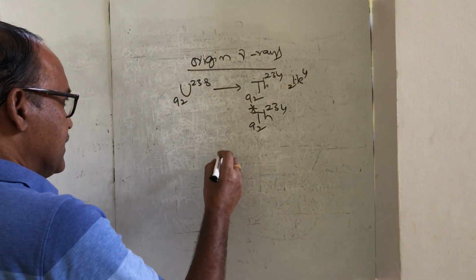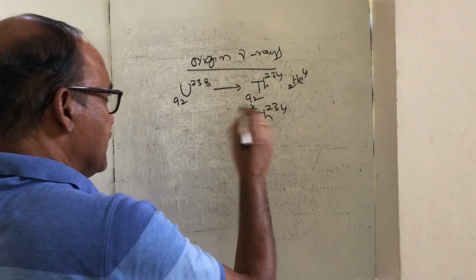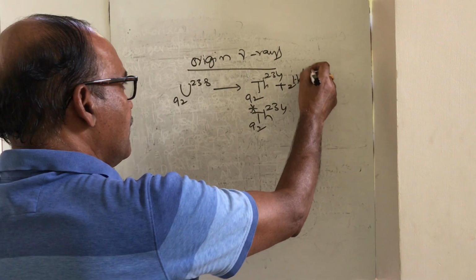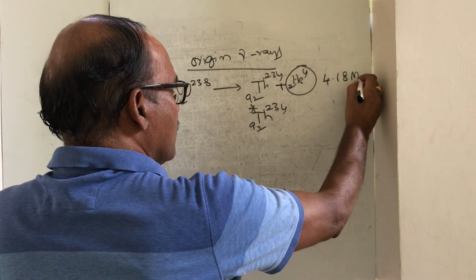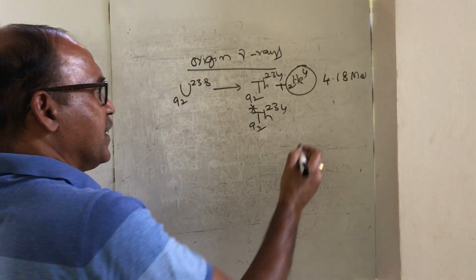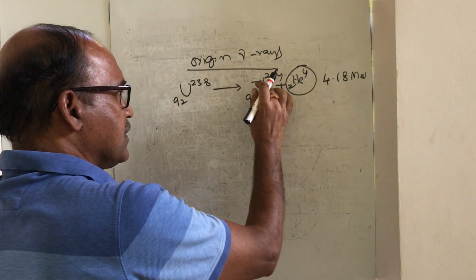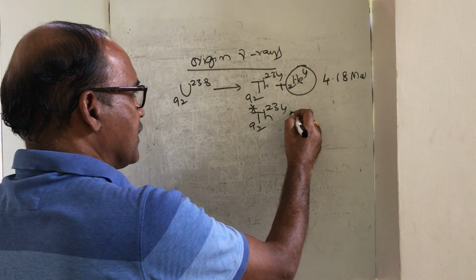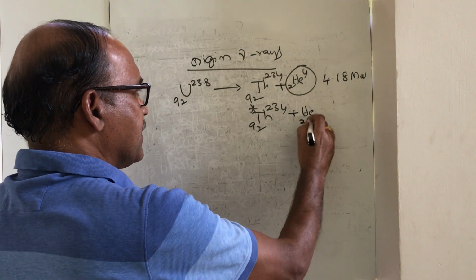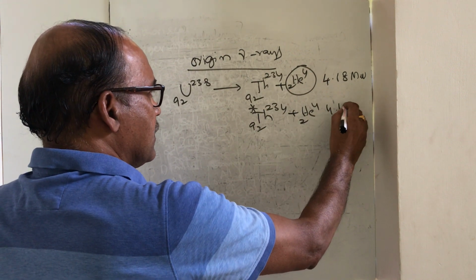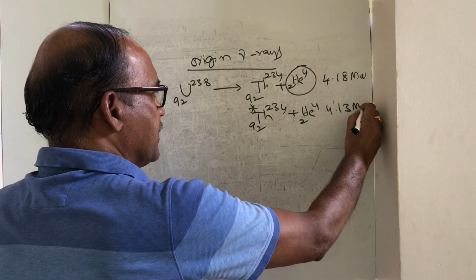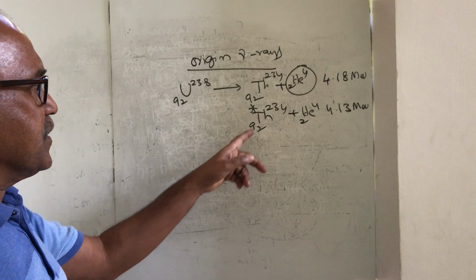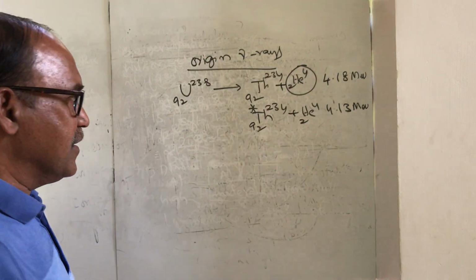If the alpha particle has a kinetic energy of 4.18 MeV, the daughter nucleus is in the ground state. If the alpha particle kinetic energy is 4.13 million electron volts, it is in the excited state.